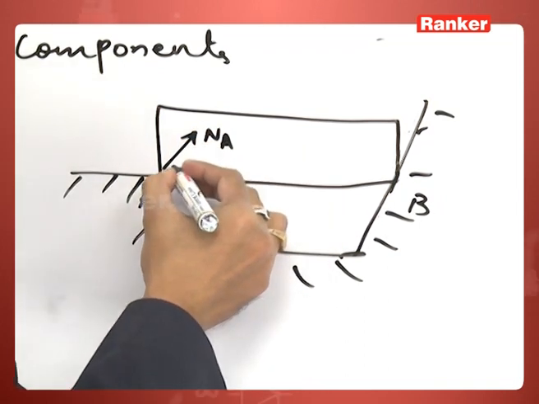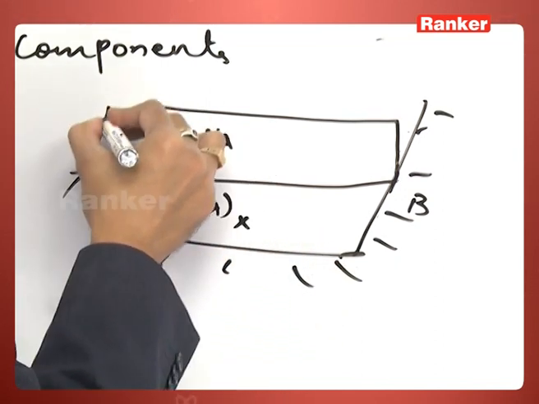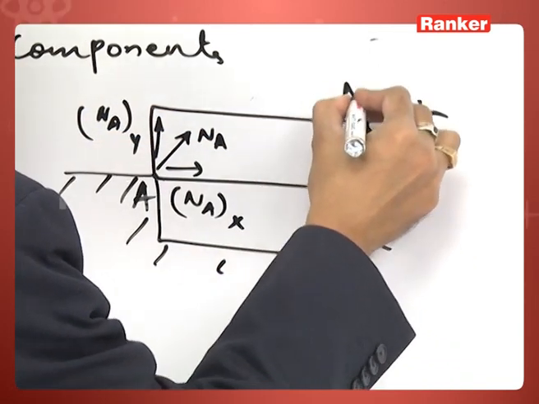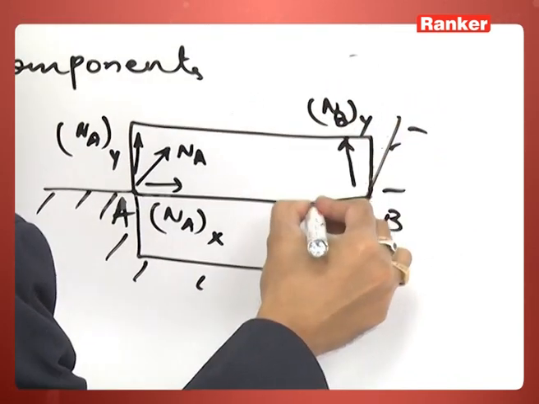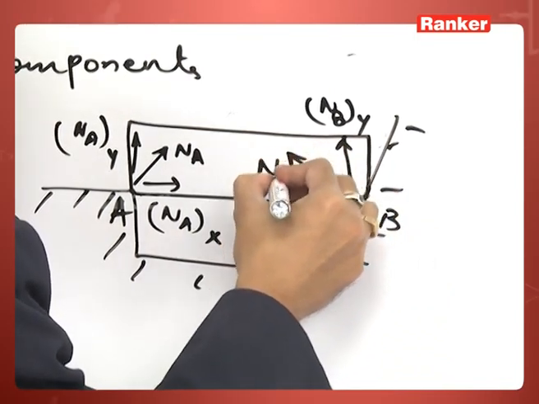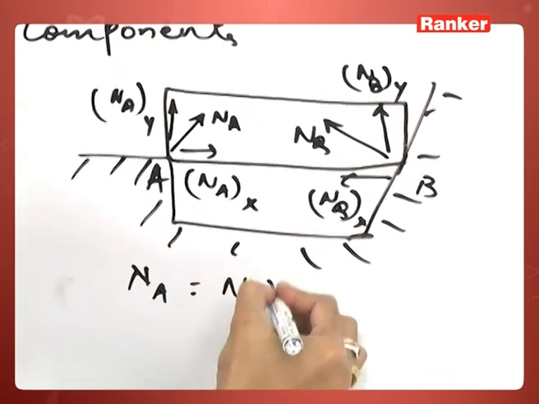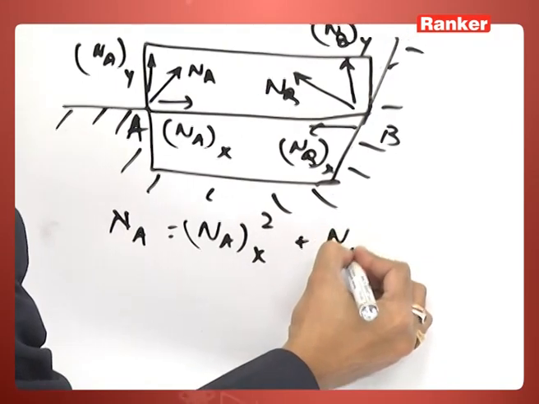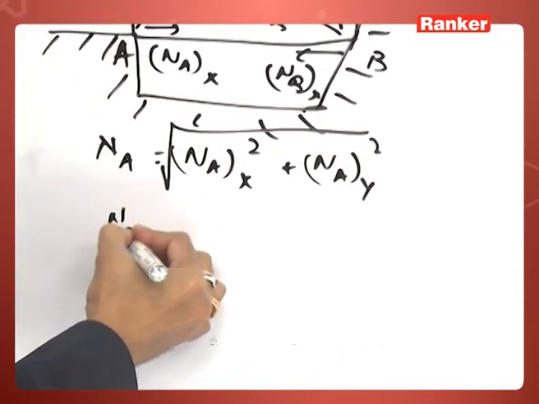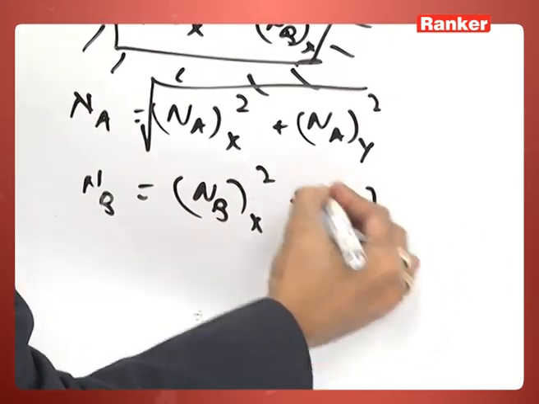That is, one is along NAX, one is along NAY. Here also NBY, here it is NBX, and you can write NA is nothing but the square root of NAX square plus NAY square, and NB is nothing but the square root of NBX square plus NBY square.